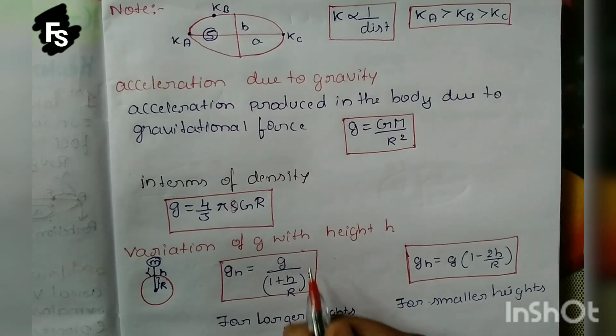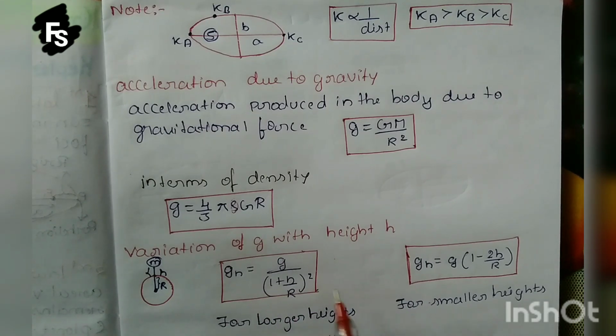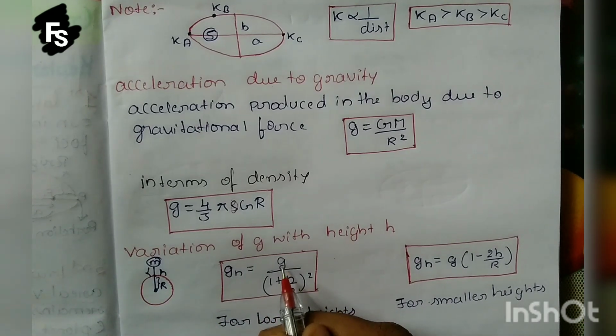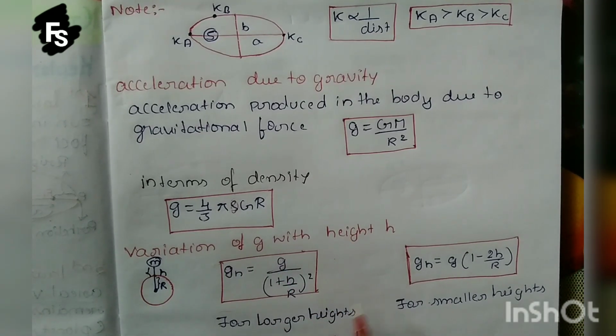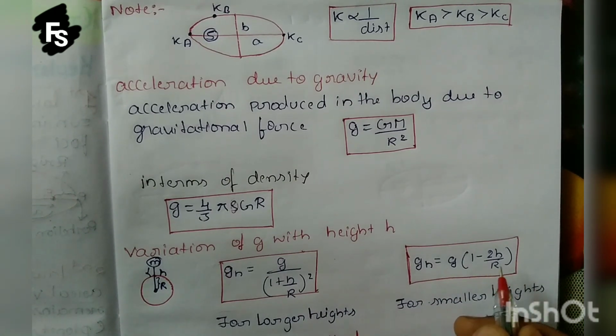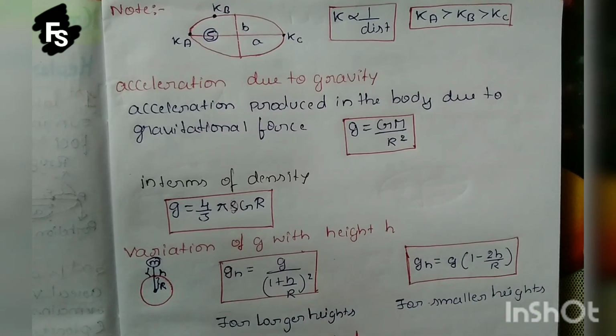This is the formula for larger heights, like 6,000 kilometers or 4,000 kilometers. Here h is the distance from the surface of the earth to the object, and r is the radius of the earth. For smaller heights, like 4 kilometers or 3 kilometers, gh is equal to g into (1 minus 2h by r). Remember this formula, it is very important.